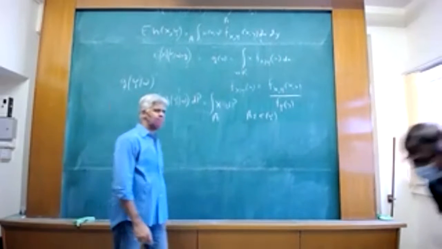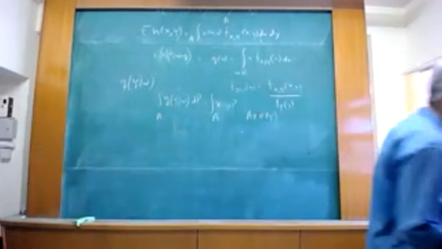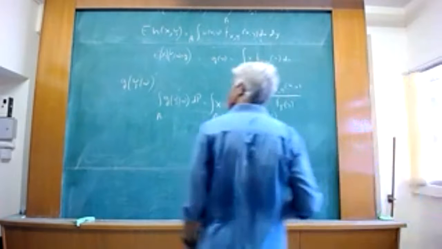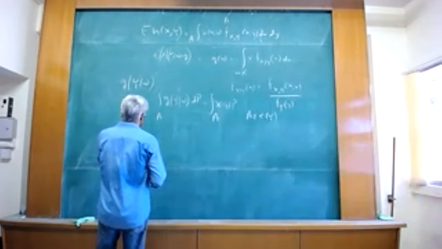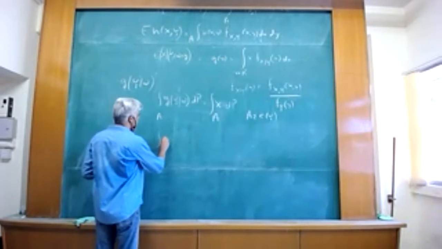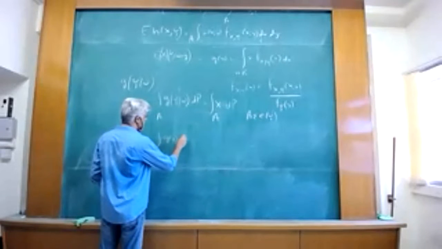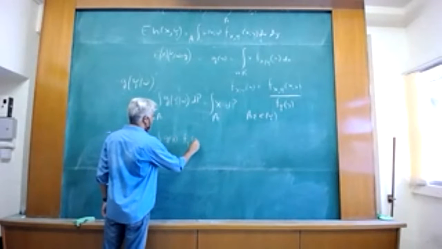Okay. So we know that the joint distribution is the same as g of y, a function of y, right?